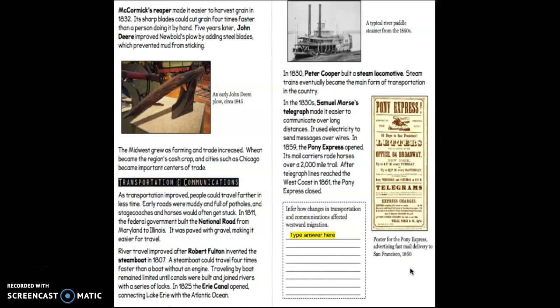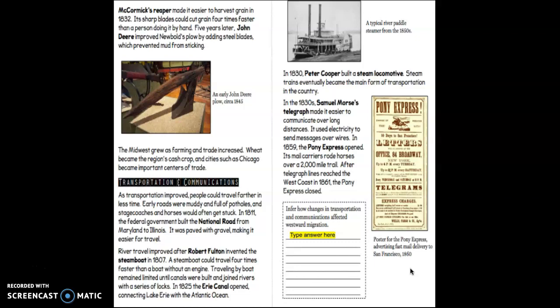And from the Great Lakes, then goods could be transported to Chicago, which is on Lake Michigan, and was a big port city of the Great Lakes and in the interior part of the United States. So it was really just a monumental invention in technology at that time.